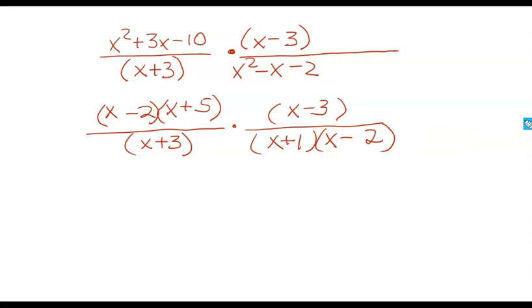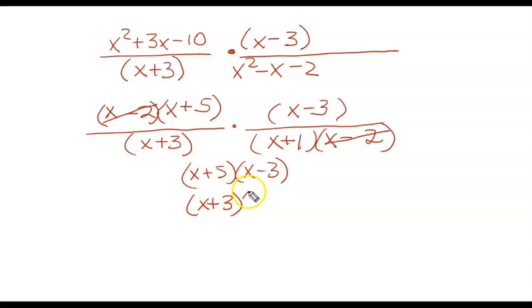Now you see what we're going to do. We can do some cross-canceling. This is a common factor. And that's as far as we can go. So now we have x plus 5, x minus 3, x plus 3, x plus 1.